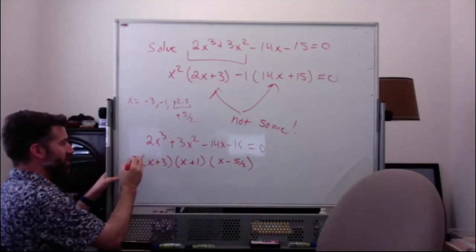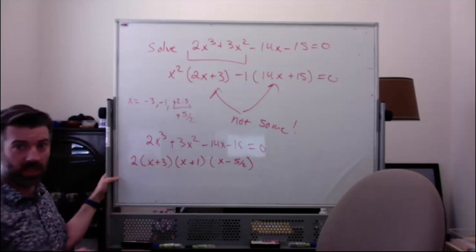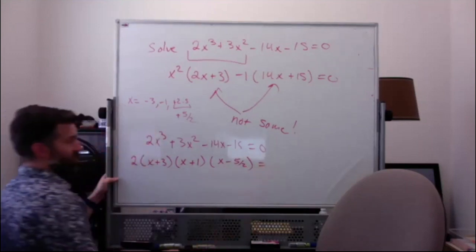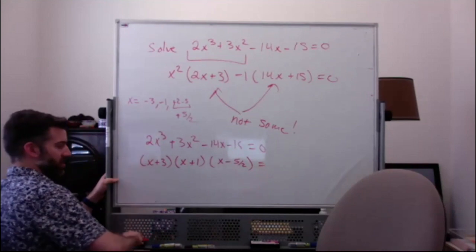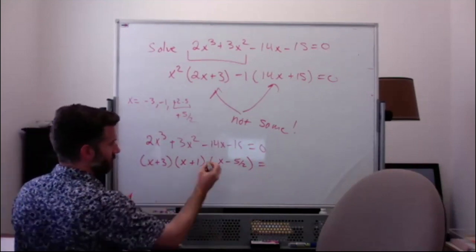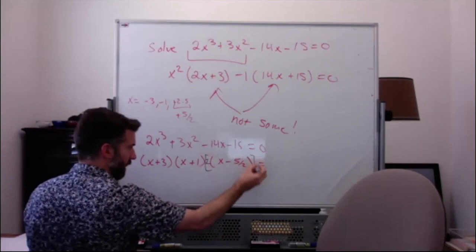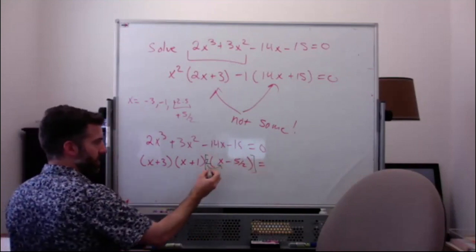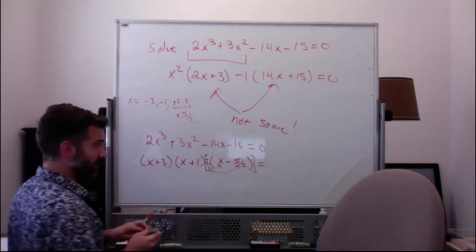So I need a 2 to adjust for that. What I would really do is multiply the 2 by that factor and say that it's really 2x minus 5.